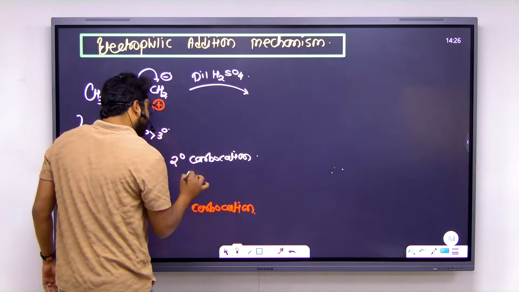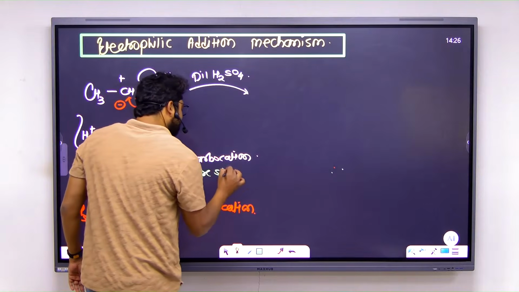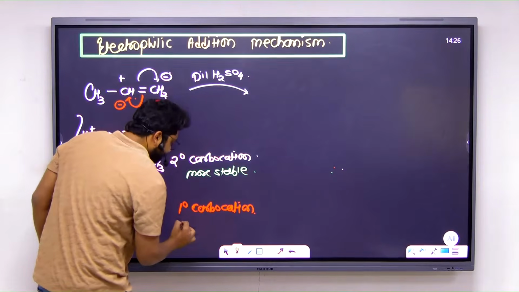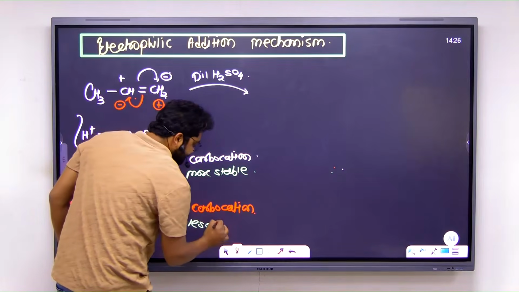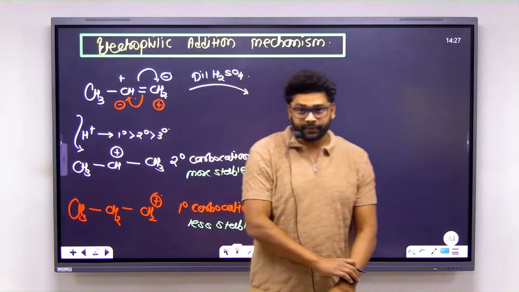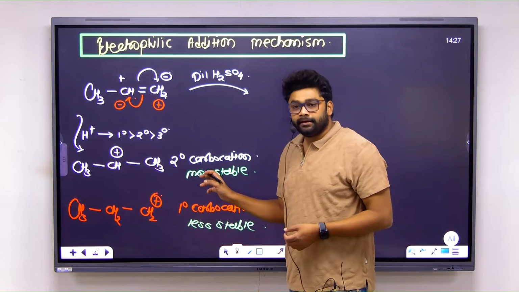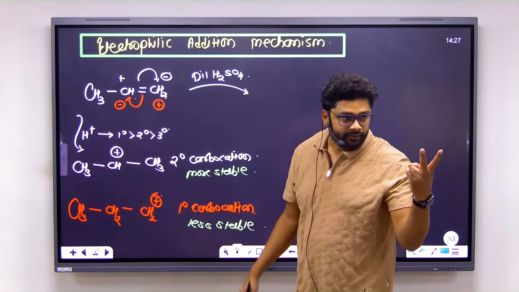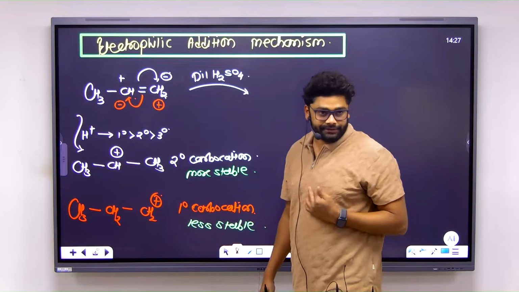The secondary carbocation is more stable than the primary carbocation, which is less stable. What is the reason behind that? Why is secondary more stable? Because there are two electron donors.